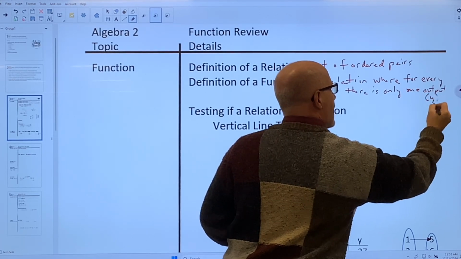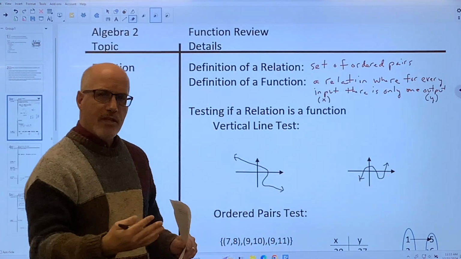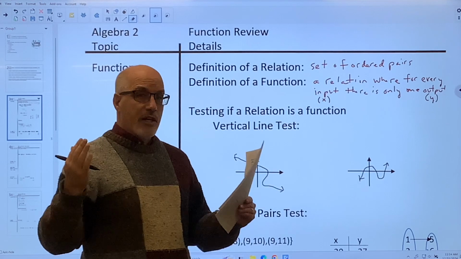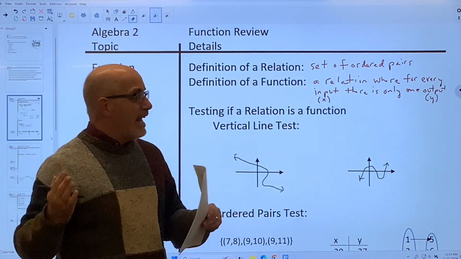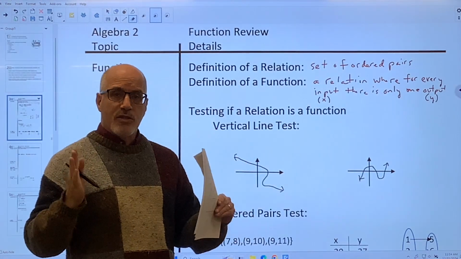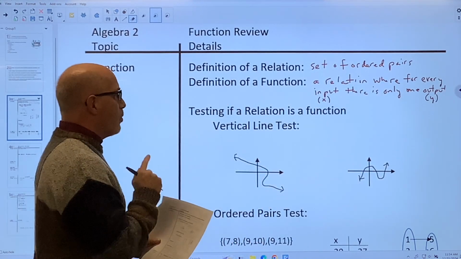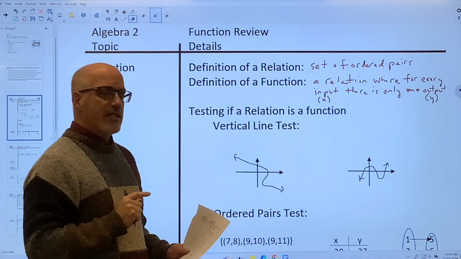Usually that's the y. So x is usually what we put into the function, y is what comes out. So a function is where you take that ordered pair and you only have the x's paired up with exactly one y.